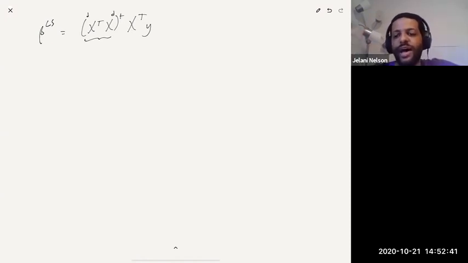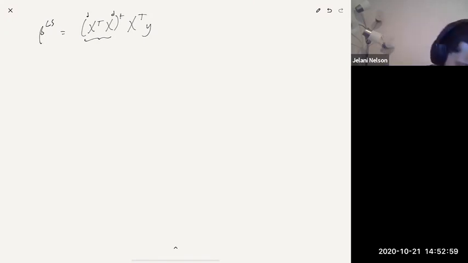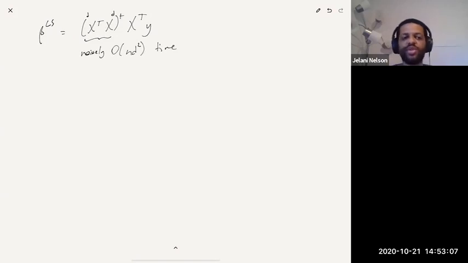And for each entry, you dot product the corresponding column of X with a corresponding column of X. So the ijth entry is the ith column of X dotted with the jth column of X, which are n-dimensional vectors. So it takes you n time. There are d squared dot products here, each taking n time to compute. This naively takes O of nd squared time. And that's what we're going to try to speed up using subspace embeddings.